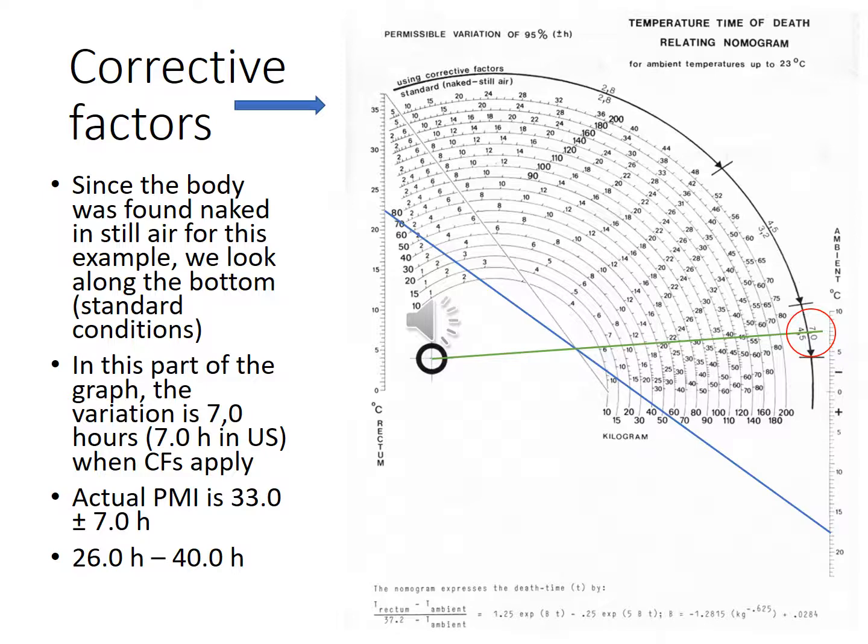So again, as more time passes and the victim's body becomes cooler, it gets more difficult to pinpoint that post-mortem interval. So we have a much wider range here in example 2 than we did in example 1.